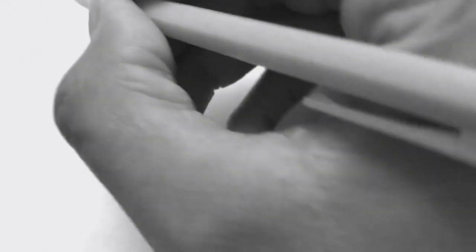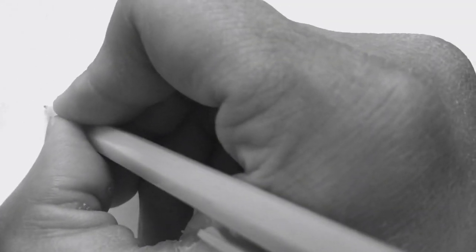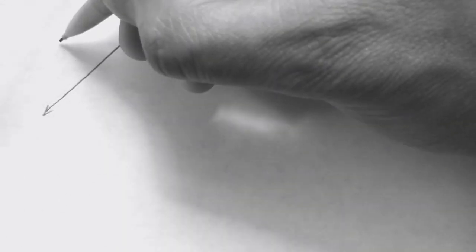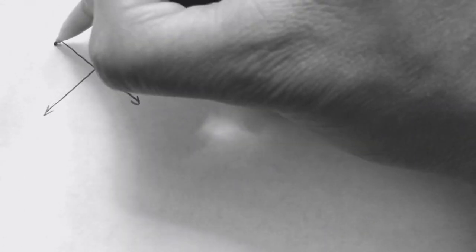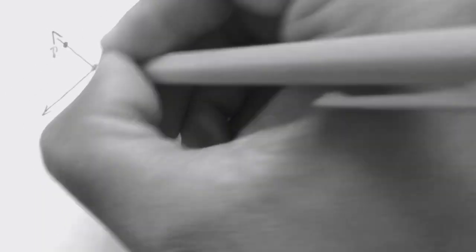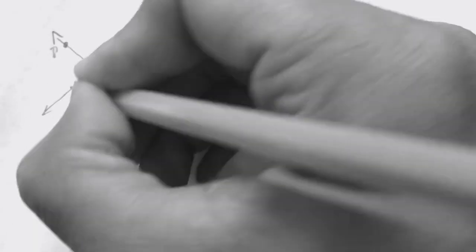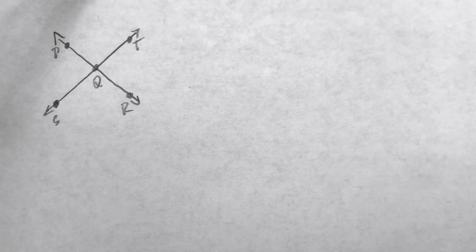We have one more example to go over here. Again, we're going to use the same exact diagram. So we have P, Q, T, and then S and R down at the bottom there.